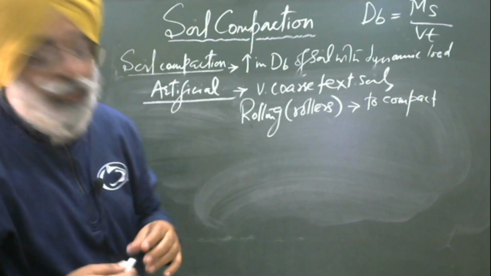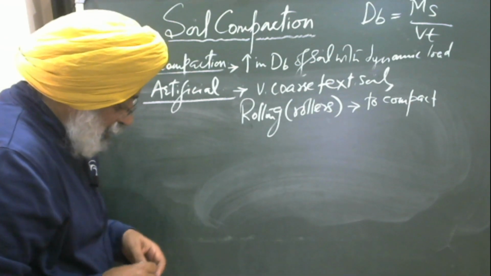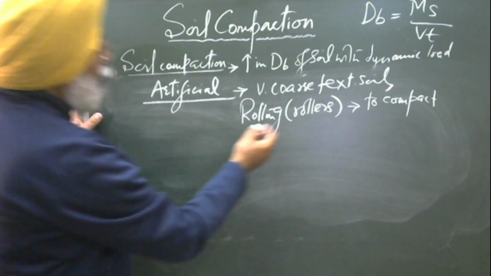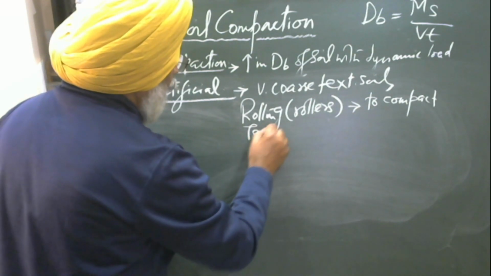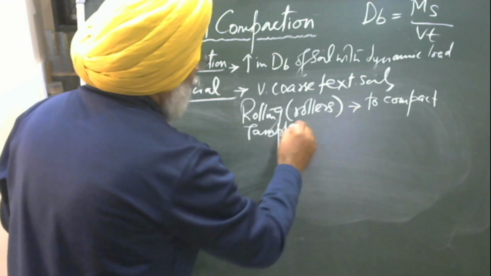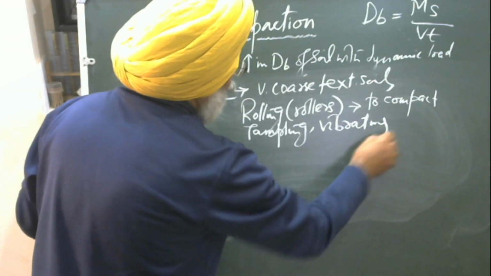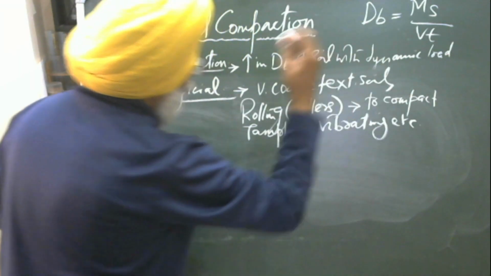We are able to manage very coarse textured soils. So this degree of compaction, it could be by rolling, it could be by tamping, it could be by vibrating, etc. Different means we can compact the soil.